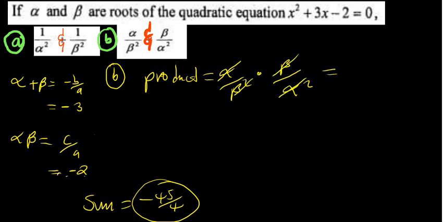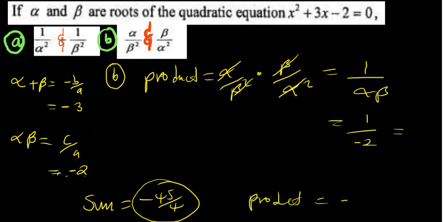It means on top we will just remain with a 1. Down there we remain with a product of alpha and beta, which is alpha beta. So this will give us 1 over alpha beta, which is negative 2, so we are writing the product as negative 1 over 2.